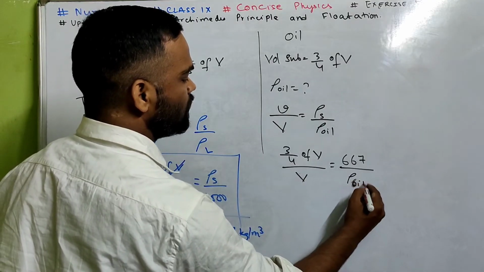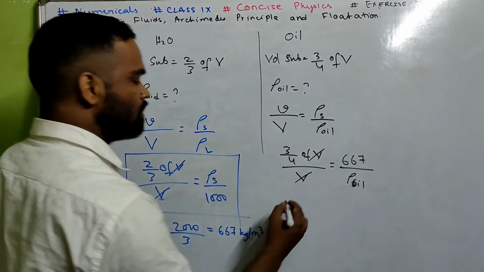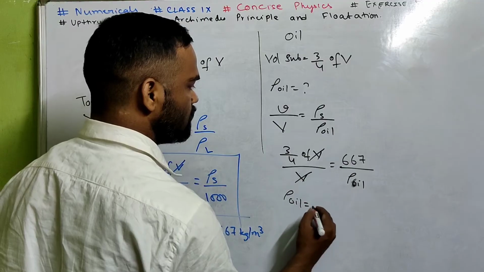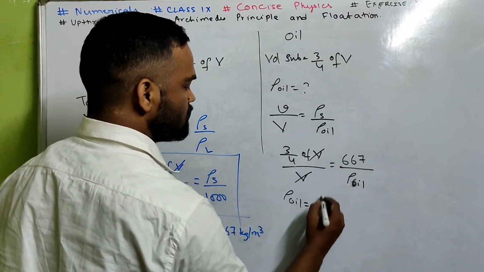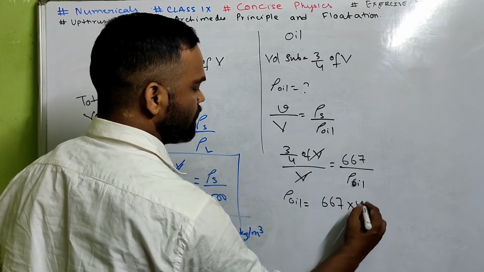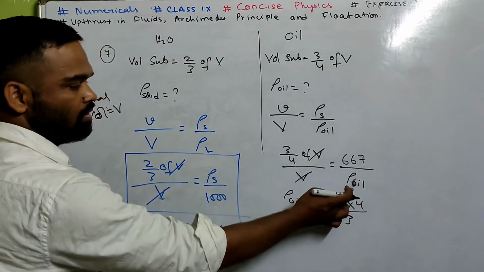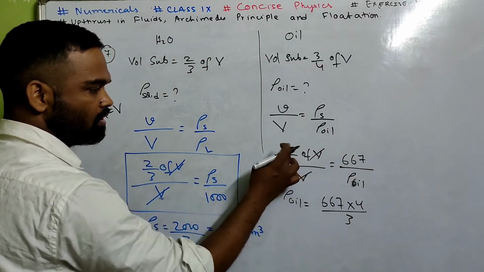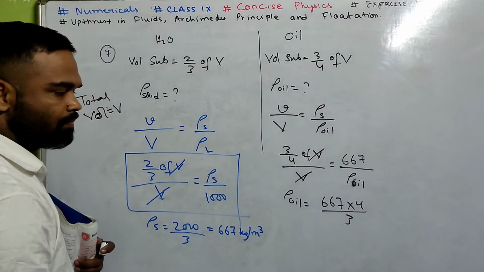We need to calculate that. V cancels out. So rho of oil is 667 multiplied by 4 by 3.